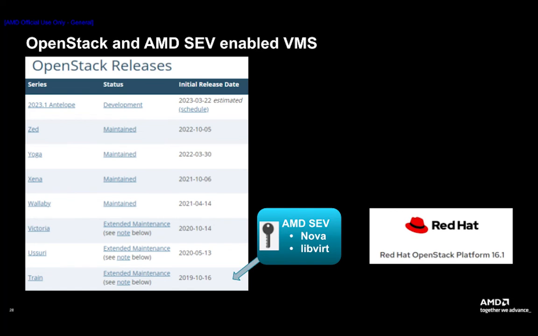But anyways, they were one of the main contributors. They made a lot of changes into Nova, and some changes into the Libvirt driver. And then obviously, you all know Nova deploys the scheduler, and underneath that is the Libvirt driver. And so that went into Train.